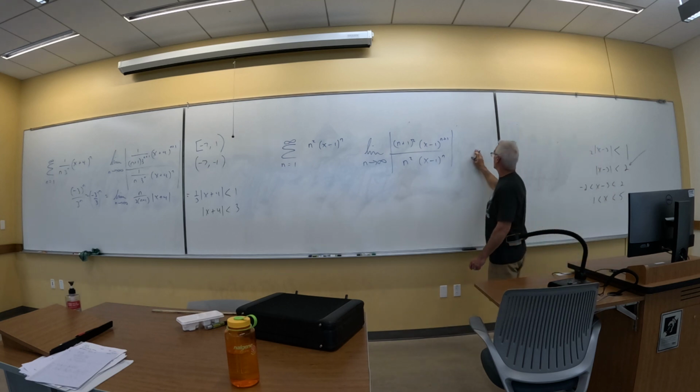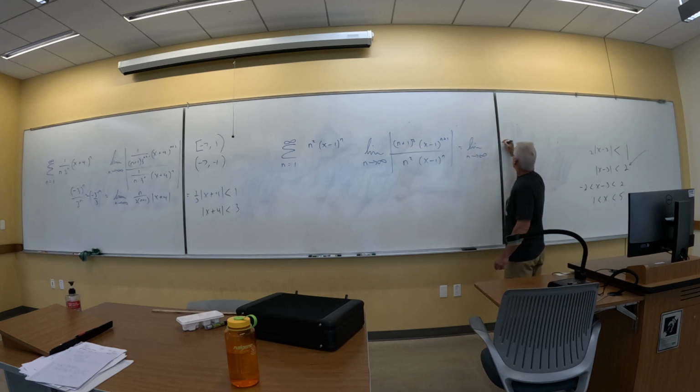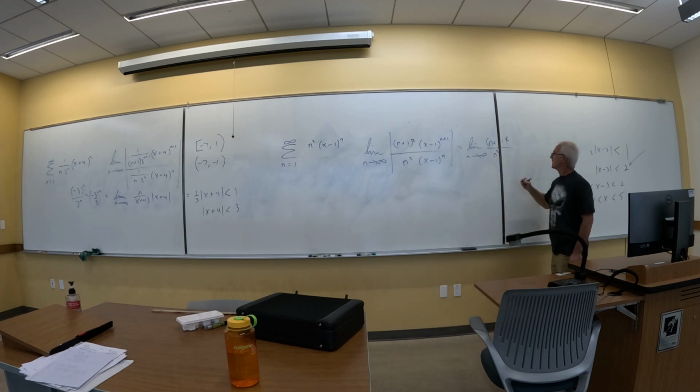Okay? And let's see, what does this give us then? I believe I'm going to get n plus 1 squared over n squared times the absolute value of x minus 1.